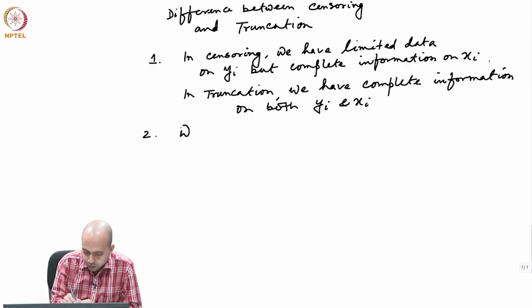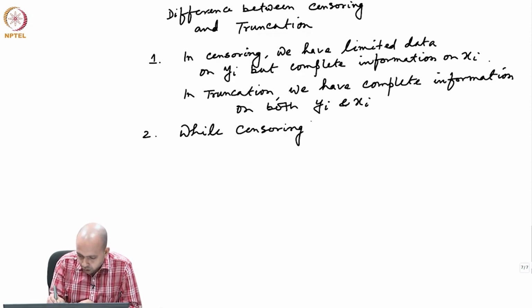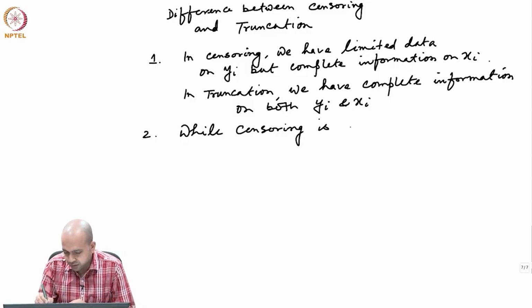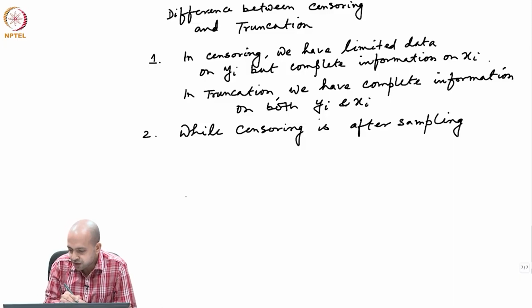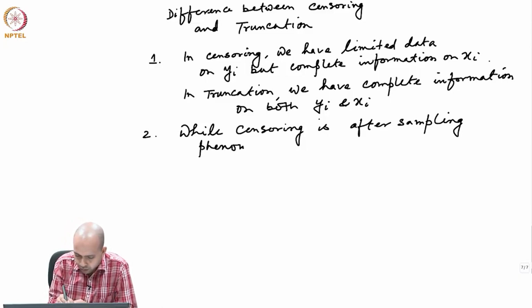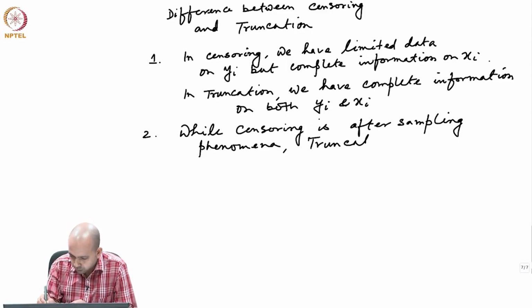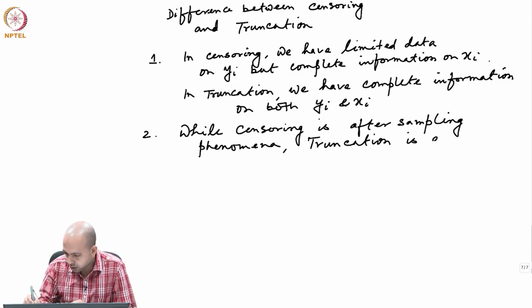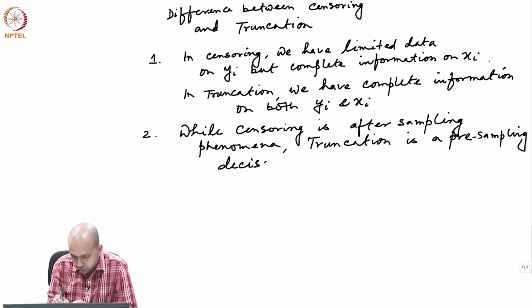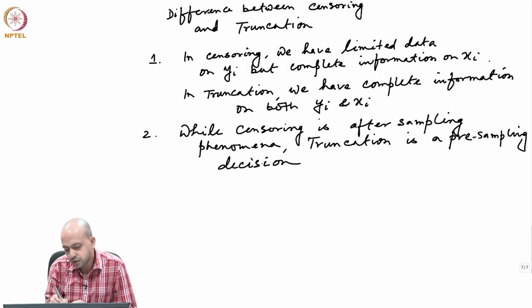The second one is, while censoring is an after-sampling phenomenon, truncation is a pre-sampling decision.